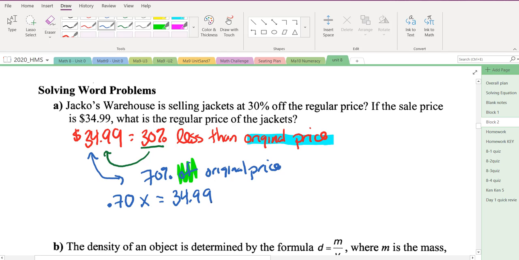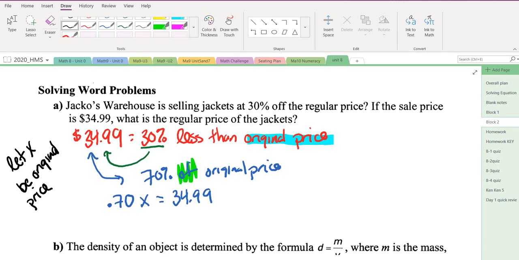And we can put a little statement here if we wanted to, say, let X be original price. Right? So if you're using variables, it's nice to say what the variables stand for. So 70% of the original price, that's 0.7x, is $34.99. So how much is the original price? We just need to solve for x.